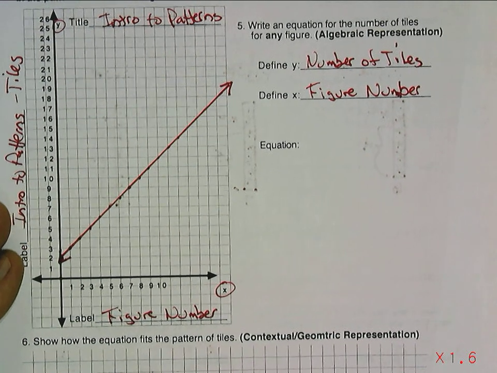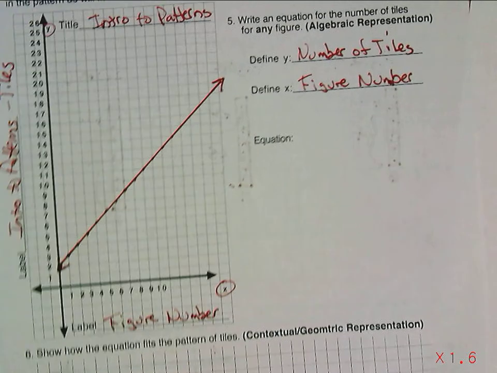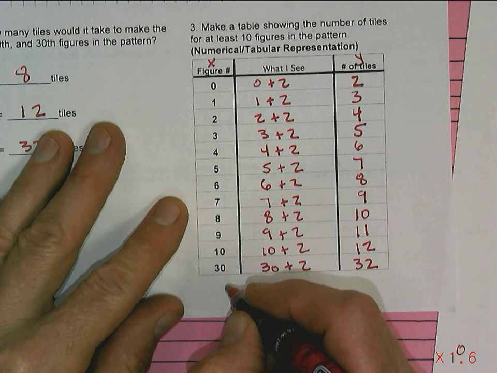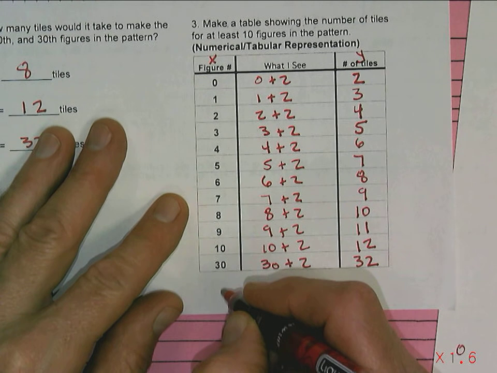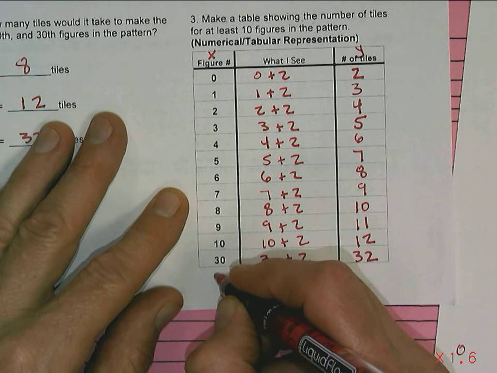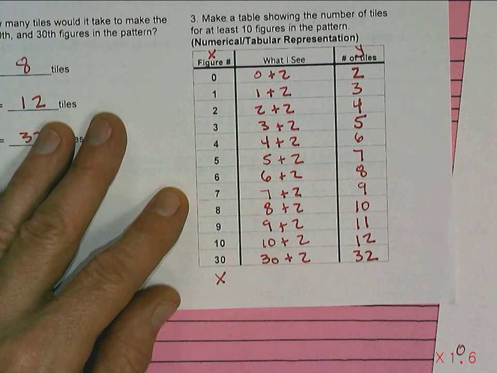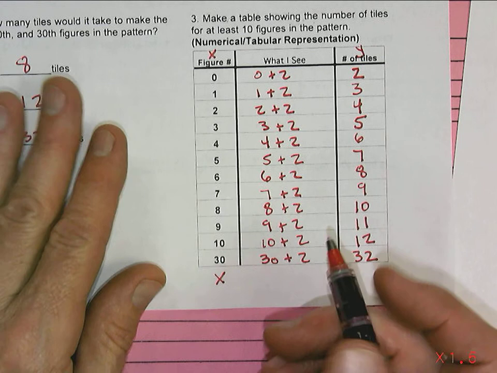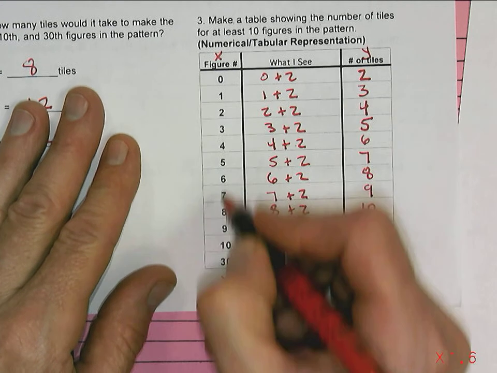And so if you think about it, at this point, I'm going to flip back over to here. And if I just add one more line here and consider this to be x, so the figure number, we're just going to call the letter x. It's a variable. It could be any one of these numbers.